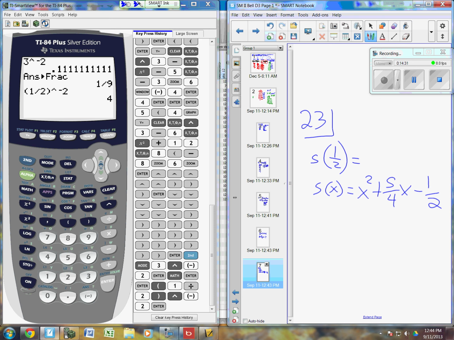So if I plug 1/2 in there, I get 1/2 squared plus 5/4 times 1/2 minus 1/2. You should know the order of operation to get this, right?